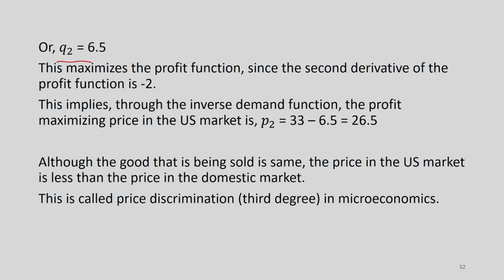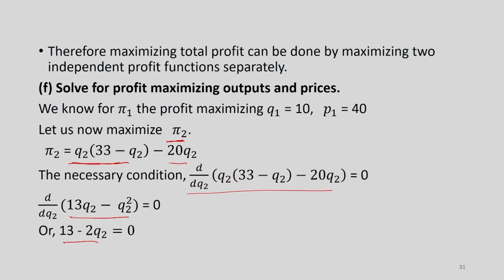So, the quantity that is going to be sold in the US market is 6.5, right, and that is going to maximize the profit from the US market. 6.5 maximizes the profit function, since the second derivative of the profit function is minus 2. So, the second order condition is satisfied, because if you take the second derivative, it is minus 2.